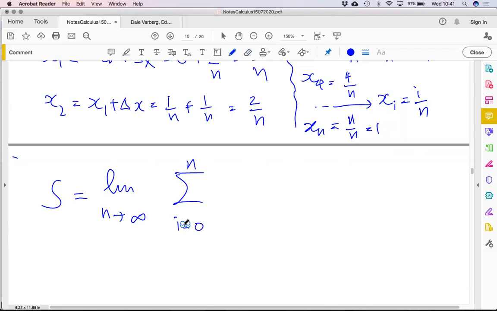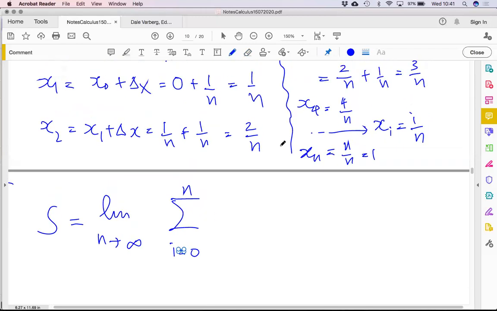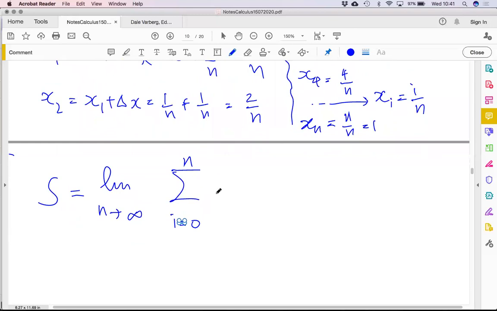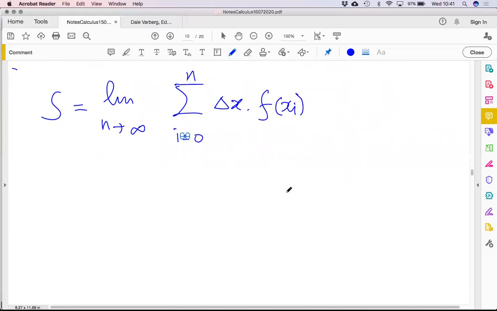I will start from 0. And then we have delta x multiplied by f(xi).